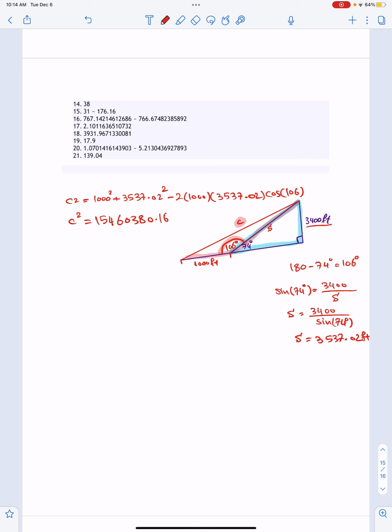Of course, this is rounded. Now, C is the square root of the answer. C is equal to 3,931.97 feet. So that would be the final answer.